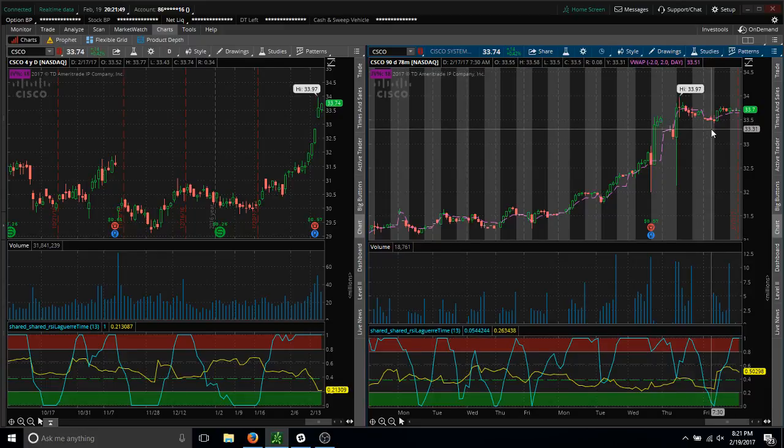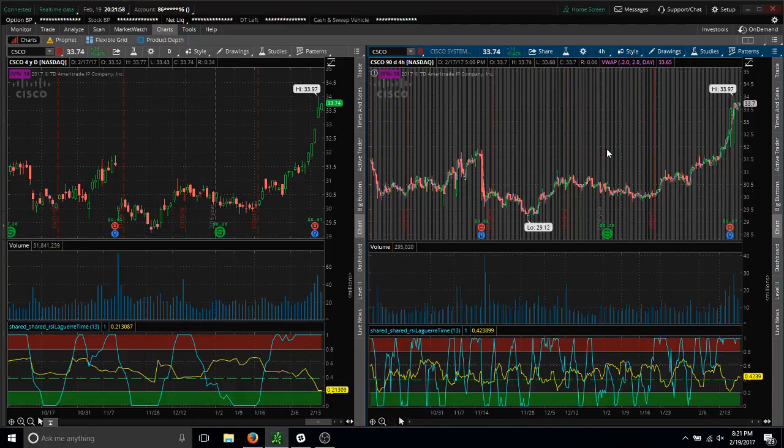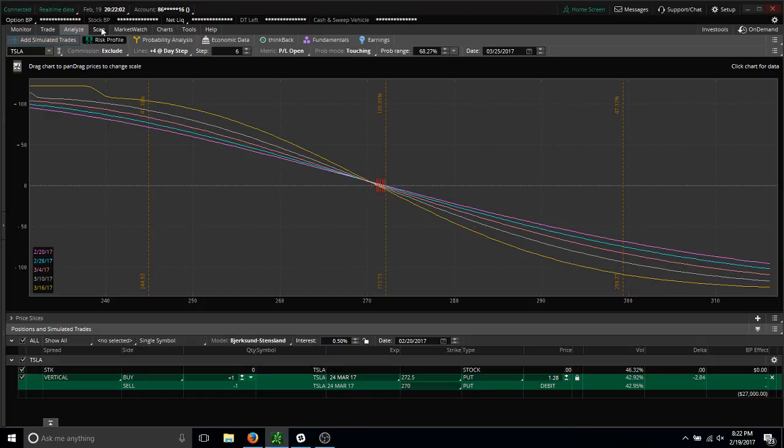So 78-minute had a pullback, or pulled to the downside there. So yeah, this would be interesting for sure.